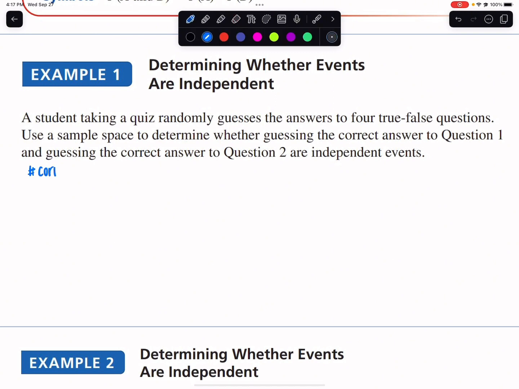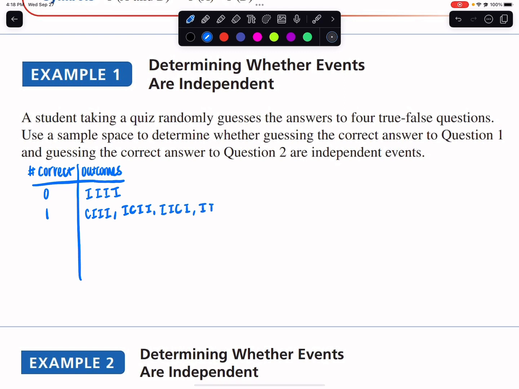Remember, we had our table with our different outcomes to show our sample space. You can get 0 correct, and that would just be all incorrect. You could get 1 correct, so you could get the first one, the second one, the third one, or the fourth one.